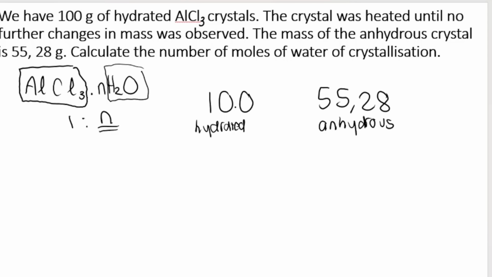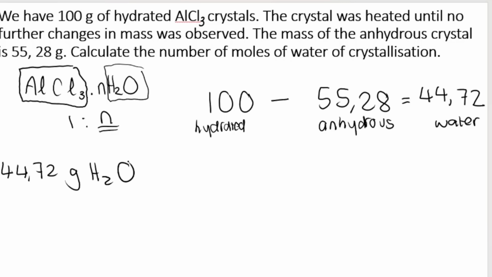So if 100 contains water and 55,28 does not contain water, the difference between these two numbers must be the mass of the water. So if I say 100 minus 55,28, I'm going to get the mass of the water that was lost or evaporated. So I've got 44,72 grams of H2O.